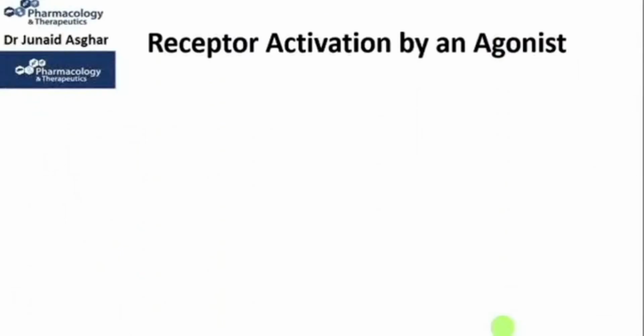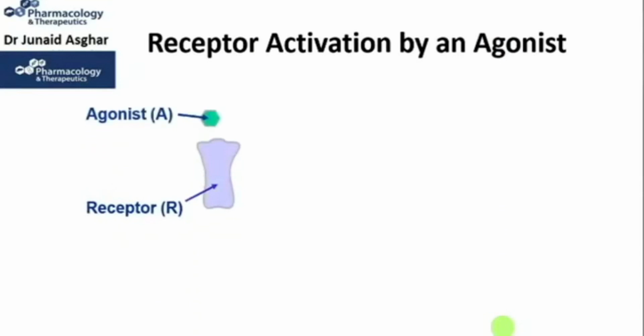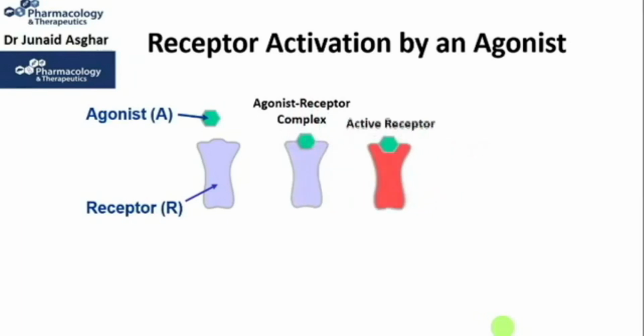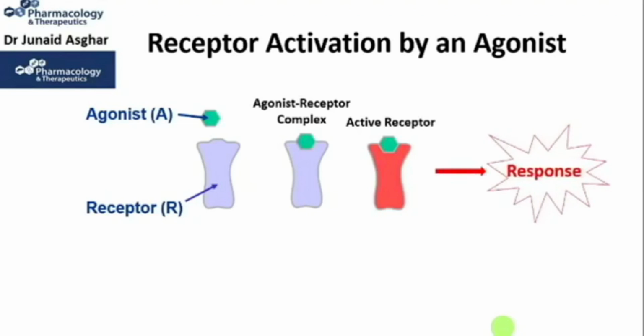So let's quickly see how an agonist activates a receptor. This is our receptor. This is the agonist. It forms an agonist-receptor complex, which leads to the activation of the receptor. So this red is the active receptor, and it gives a biological response.